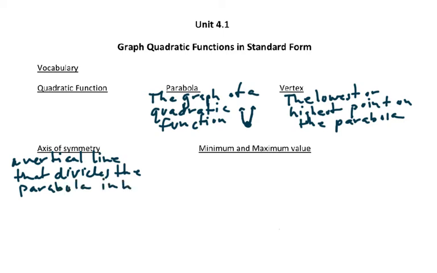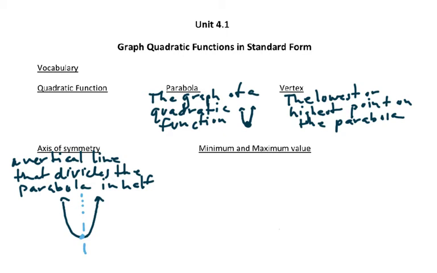And don't forget that that vertical line, since it's dividing it in half, is always going to pass through the vertex point. Yeah, always.